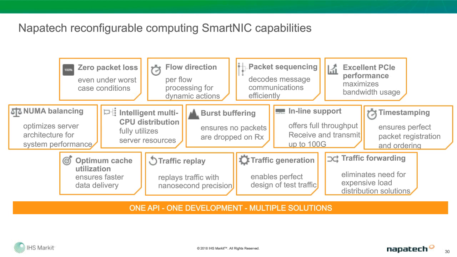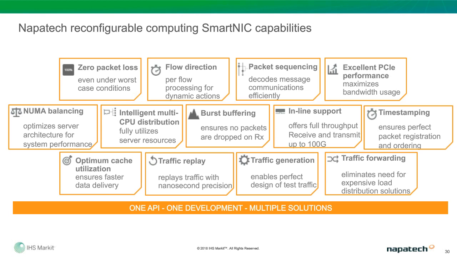But also a lot of things that we've done which ensure optimal performance in a standard server, where we're using our knowledge of the architecture of servers to provide a good solution, like NUMA balancing and intelligent multi-CPU distribution, burst buffering to ensure that we're not losing any information, but also things like optimal cache utilization to have faster data delivery to the applications that are on the server.